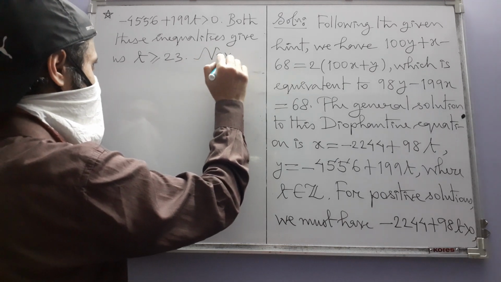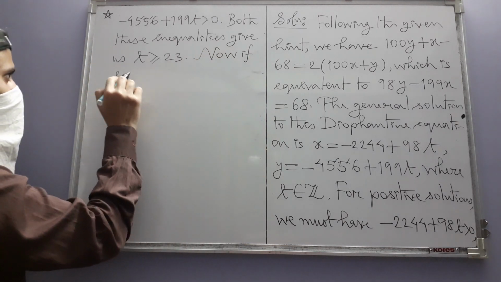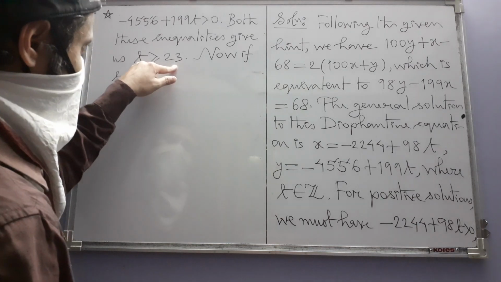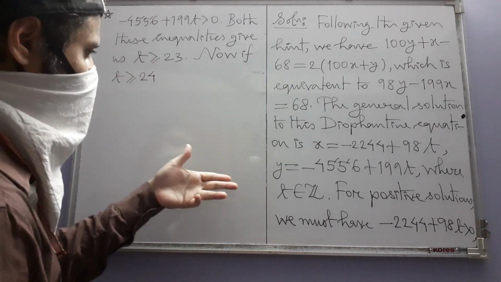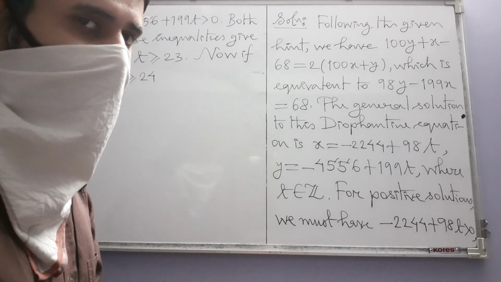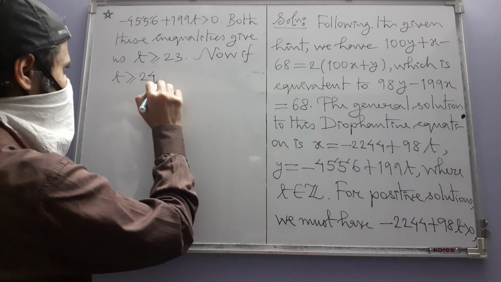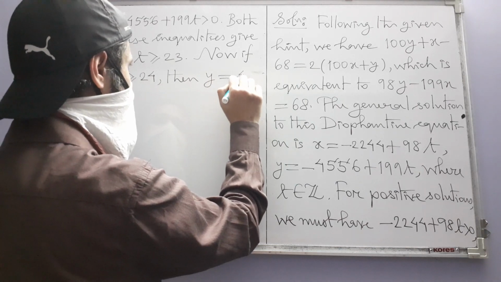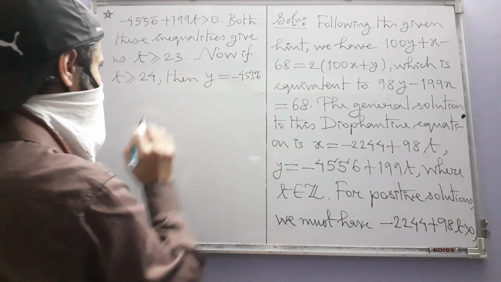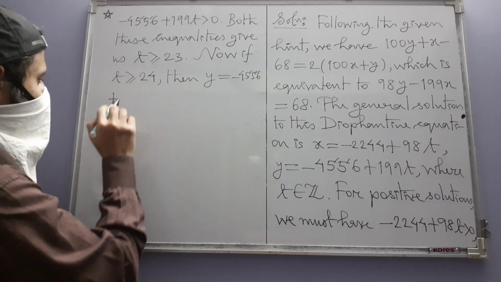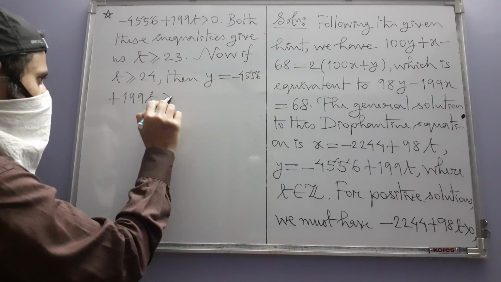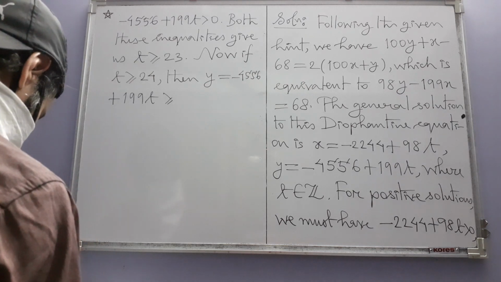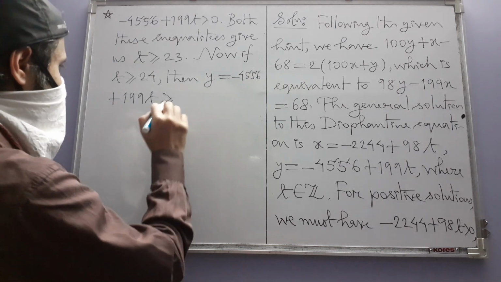Now, if t is actually greater than or equal to 24, the fact that we already have this inequality means, assuming that t is not 23 but the other possible values, then using this inequality, it turns out that the y value is itself greater than or equal to 220.